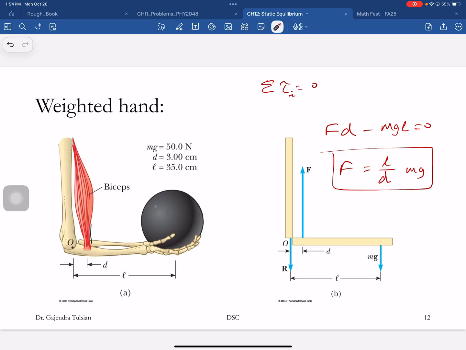Look at this amazing fact. To lift this bowling ball, your muscle is applying a force, a tension, of 12 times the weight of the object. Sounds like a pretty bad design to me, right?